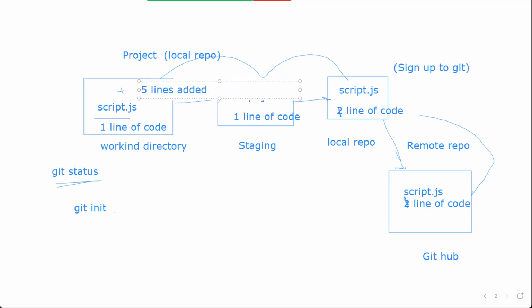Now what is the problem here? You add the five lines and the code stops working. So what you need to do? You need to remove these changes from the working directory and make it similar to the last commit. When you make it similar to the last commit, obviously these five lines will be removed. This is scenario one. Is this clear?